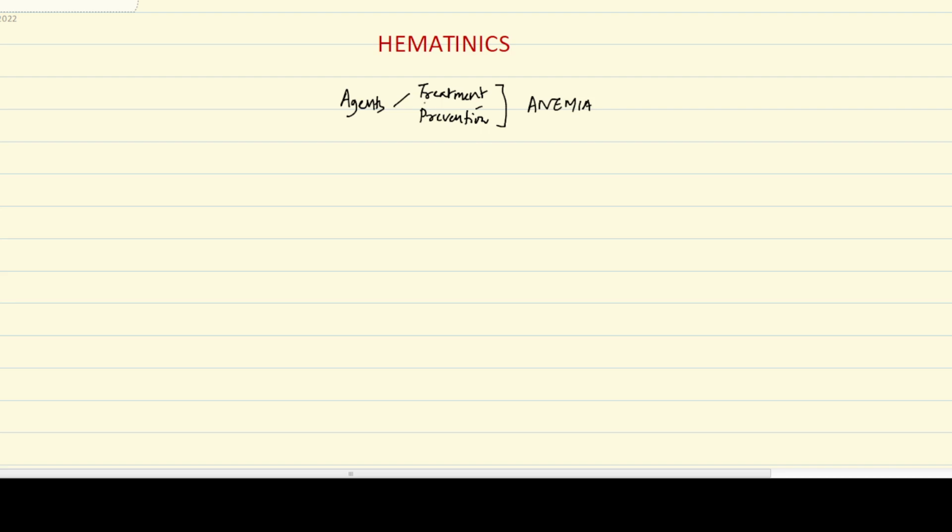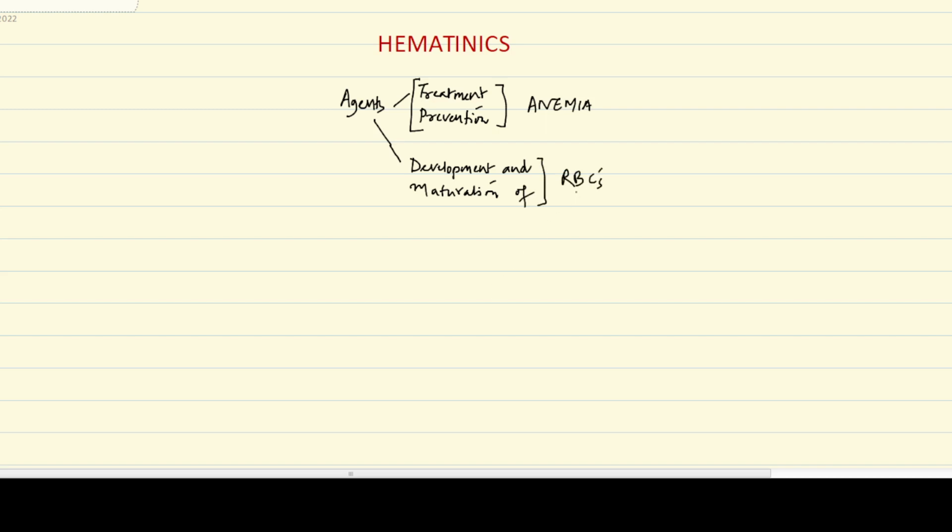So the agents that are used in the treatment and prevention of anemia are usually agents which have got a role in the development and maturation of RBC.